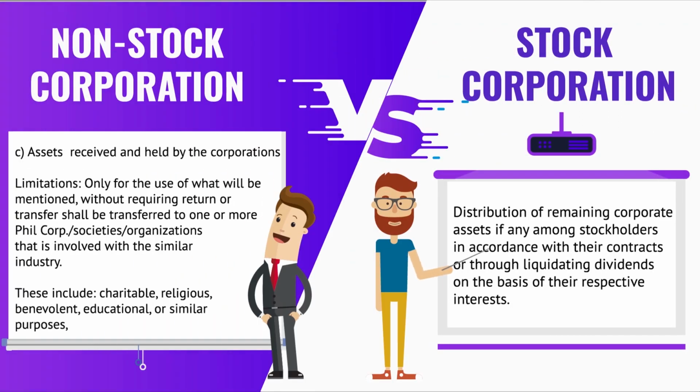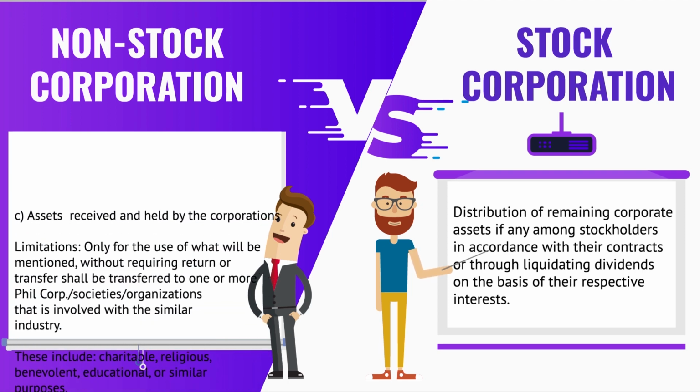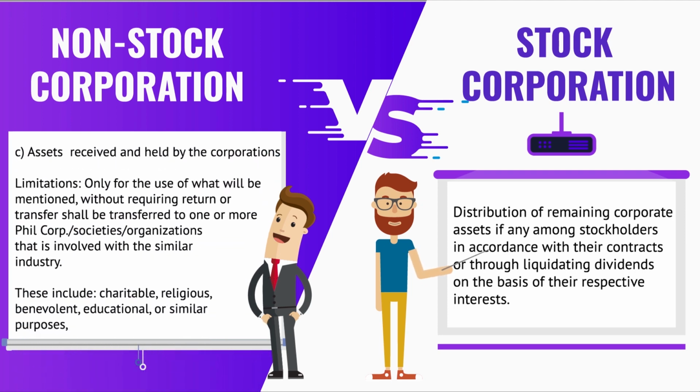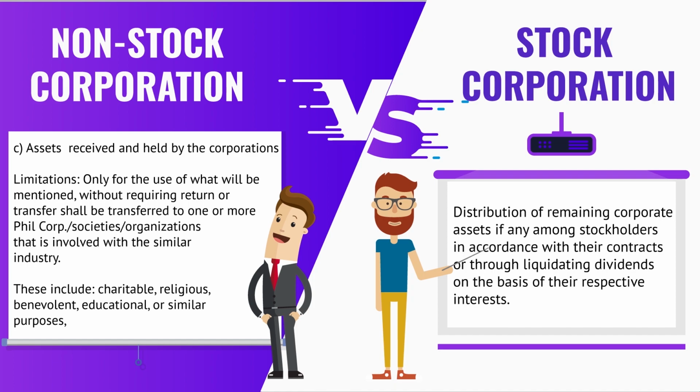In non-stock, assets received and held by the corporation subject to limitations, only for the use of what will be mentioned, without requiring return or transfer, shall be transferred to one or more Philippine corporations, societies, or organizations involved with a similar industry. These include charitable, religious, benevolent, educational, or similar purposes.